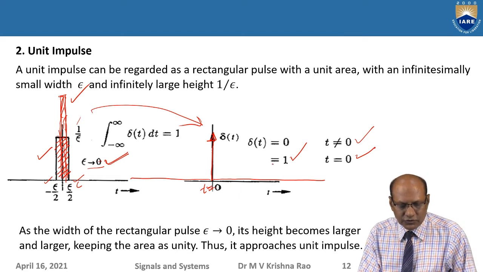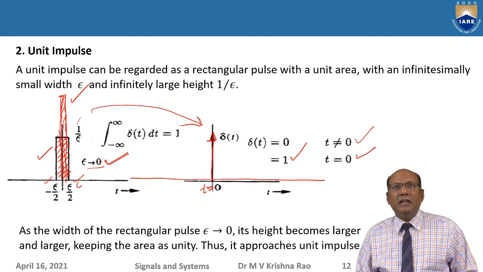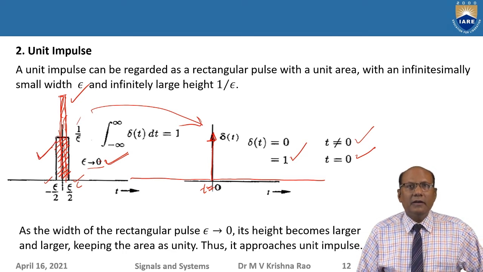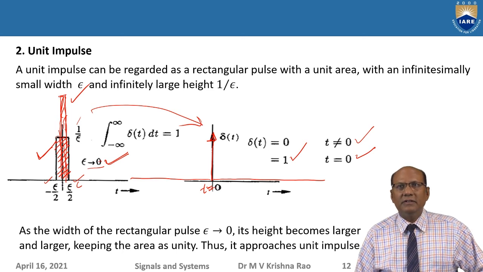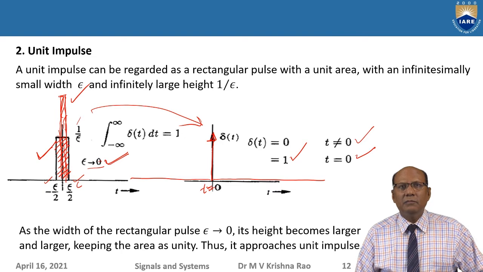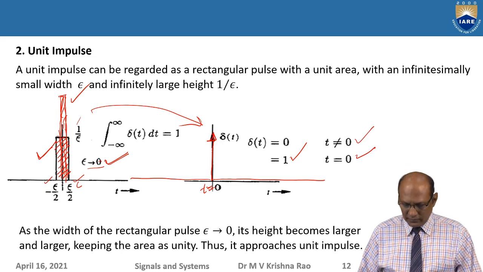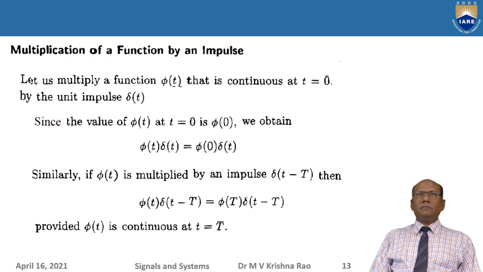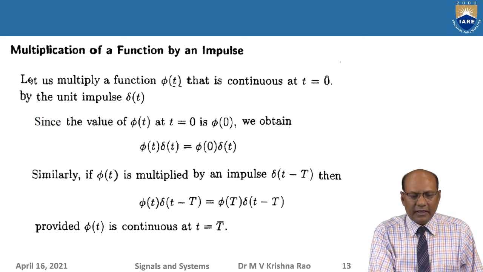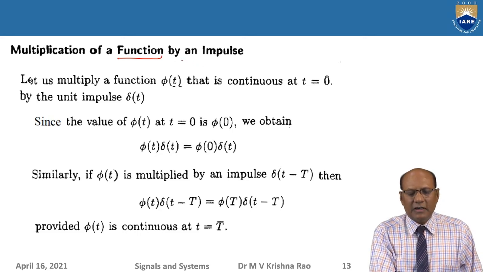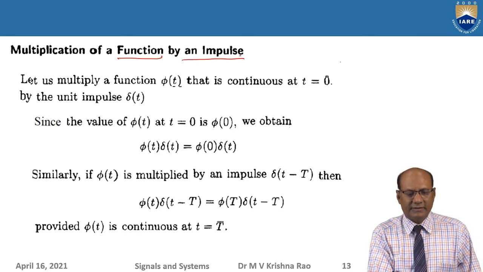That means the limiting form of a narrow rectangular pulse is nothing but the impulse function, or unit impulse. Now let us multiply a given function by an impulse. What will happen? Let us see.